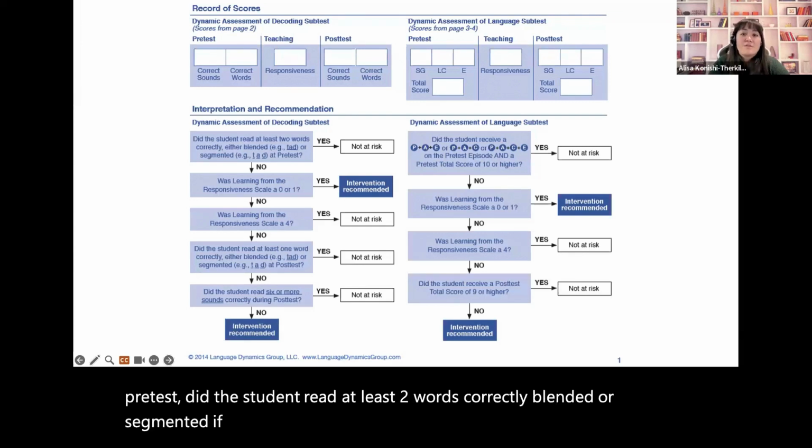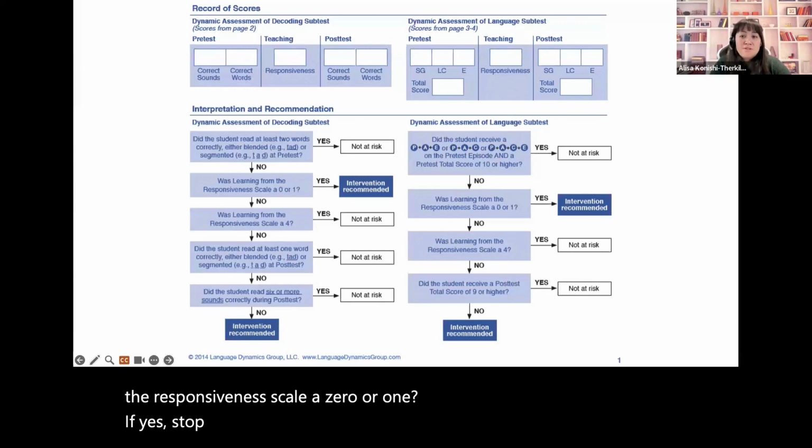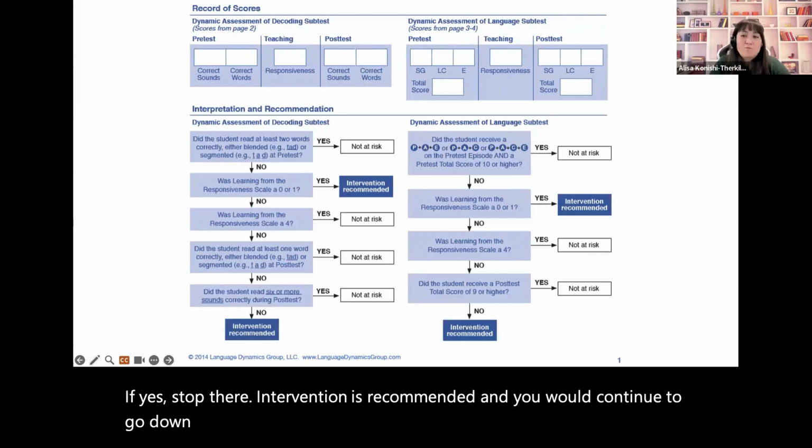If yes, they're not at risk. If no, then was their learning score on the responsiveness scale a 0 or 1? If yes, stop there. Intervention is recommended. And you would continue to go down that flowchart to rule out or identify any need for early intervention.